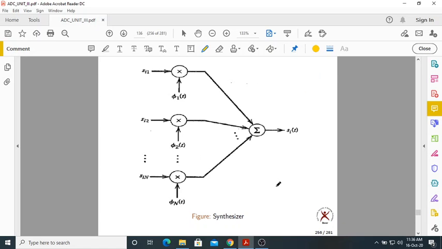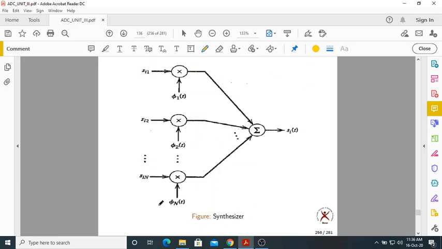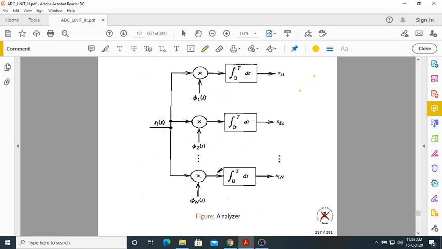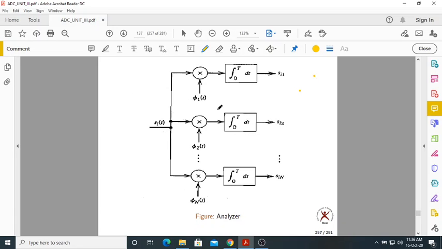This is very important. For this equation we have one figure, for this equation we have another figure. One is a synthesizer, the other is an analyzer. Just like Fourier series or Fourier transform, we have the Fourier transform and the inverse Fourier transform. In the same way, it might be a modulation and a demodulation.